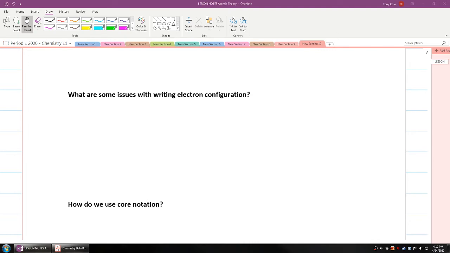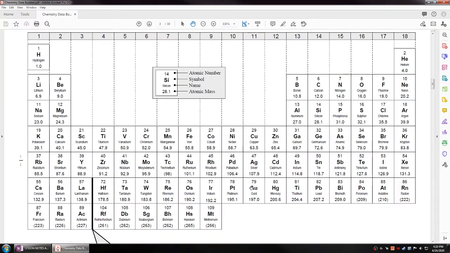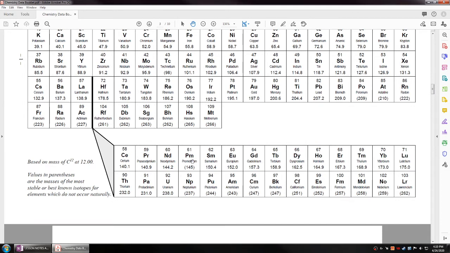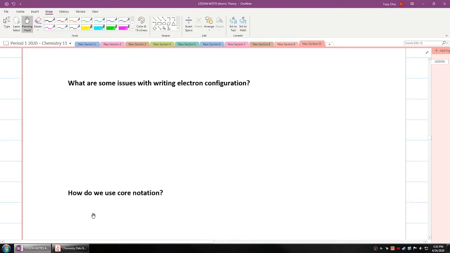Now, what are some issues with writing electron configuration? Well, one of the big issues is, let's look at uranium. If you notice, uranium has 92 electrons. That will take a long time to write. So one of the biggest issues is it is tedious for large elements.